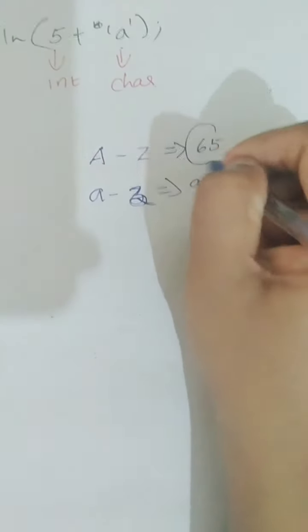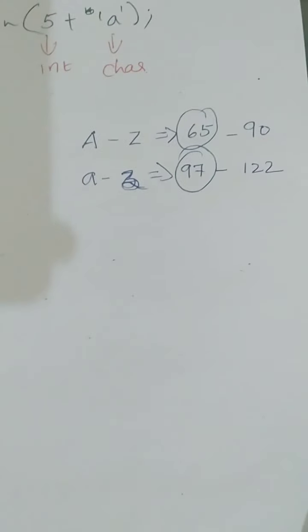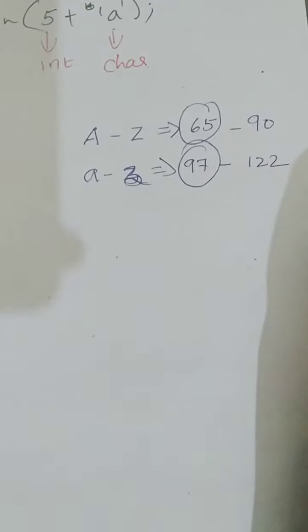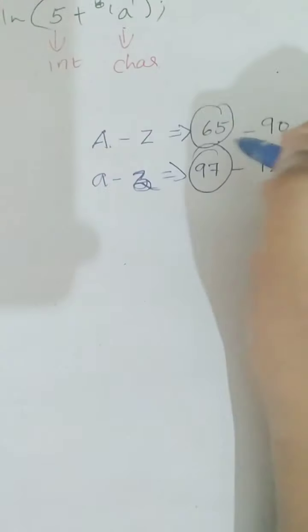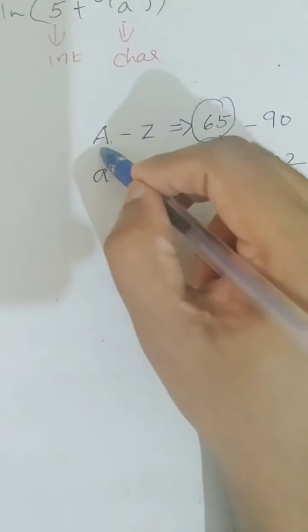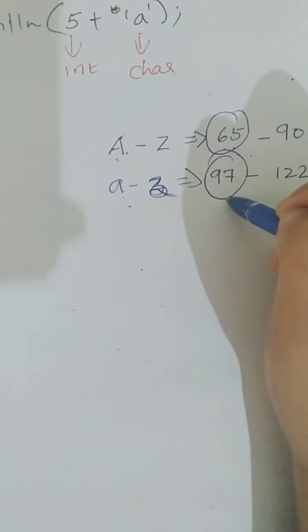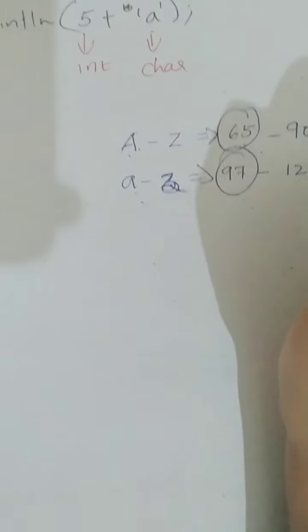Only learn this value, then you need not learn all the things, because when you remember the starting value, you can automatically count. Capital A is 65, small a is 97. Learn this value, it will surely come.